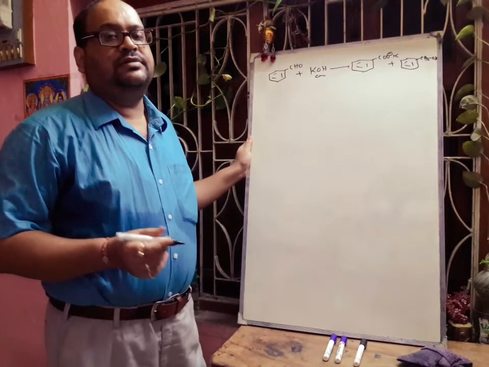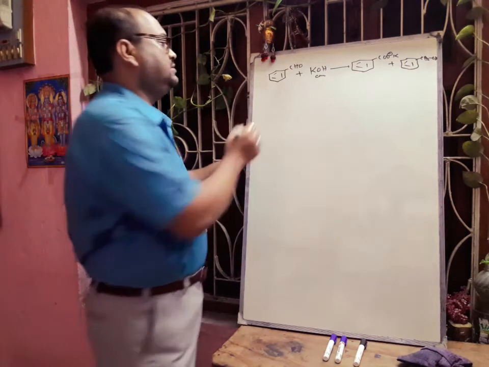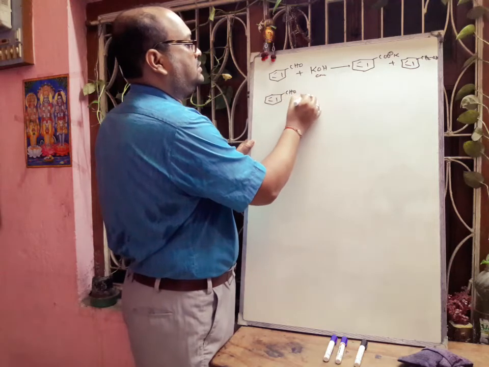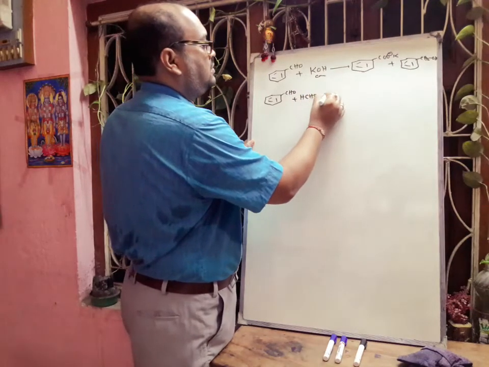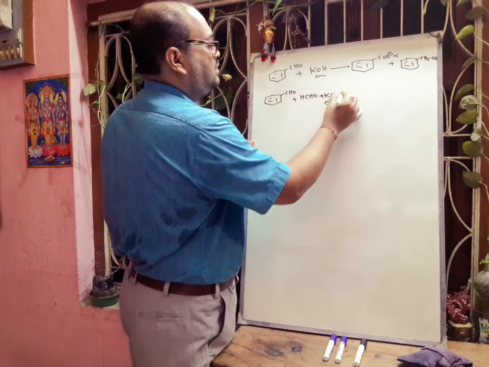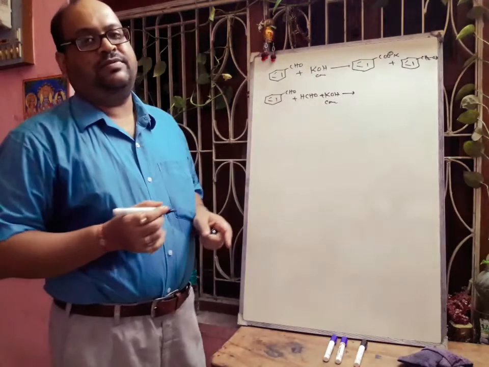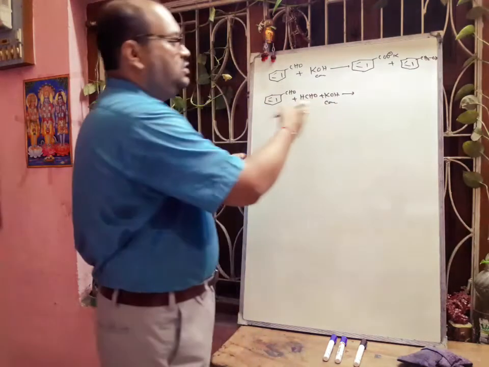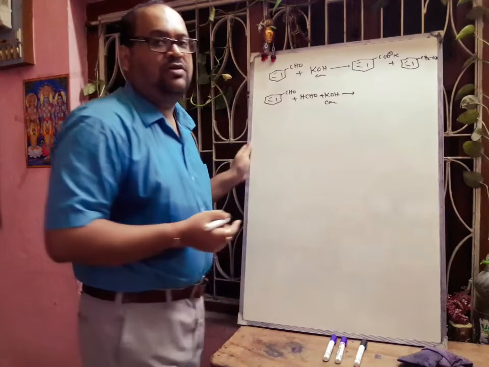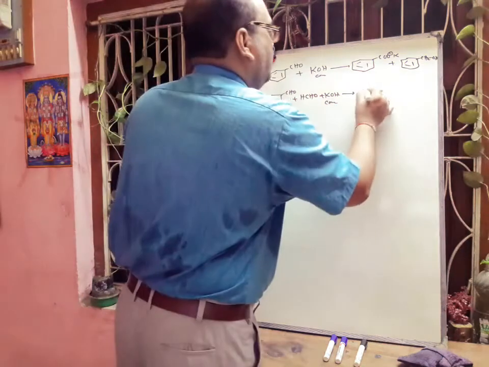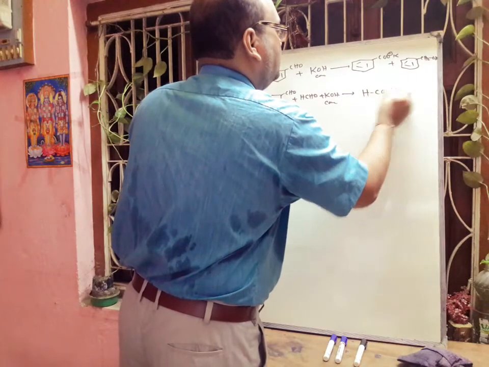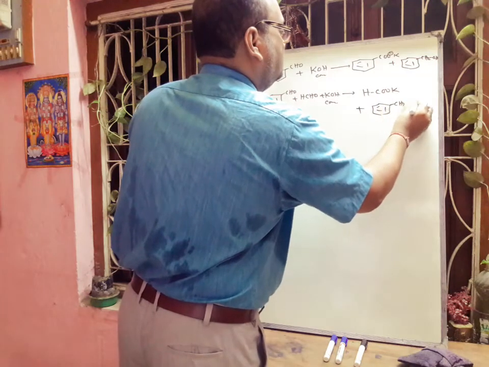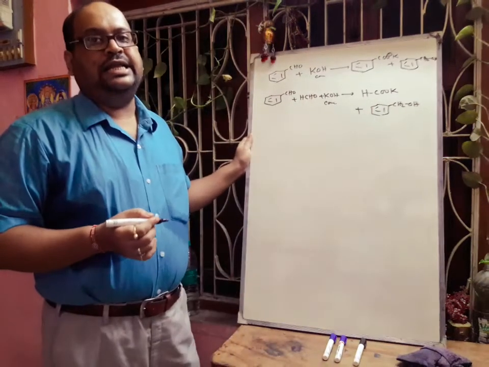Now if we take formaldehyde with this benzaldehyde, that will also respond to the Cannizzaro reaction. Here which one is more reactive? Formaldehyde is more reactive. The OH minus will be attacked by formaldehyde first, so it will convert into the corresponding acid salt. So here there will be formation of potassium formate, plus the benzaldehyde will convert to the corresponding benzyl alcohol. So these are the Cannizzaro reactions.